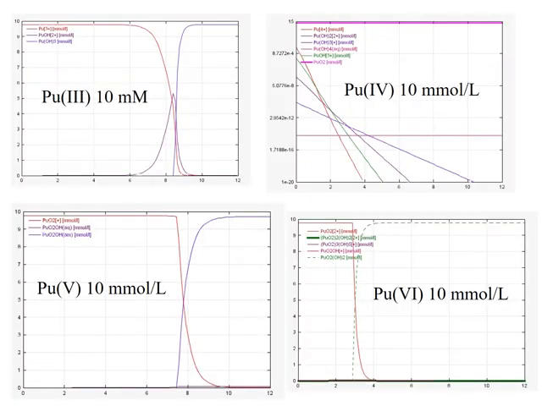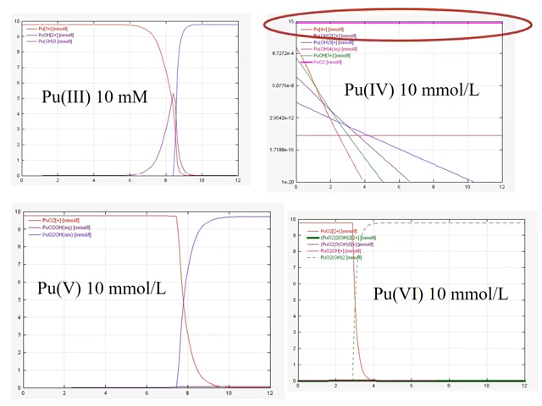A more full picture of different oxidation state calculations is presented here. This can be useful for understanding stock solutions, both concentrations and pH range. For instance, if one looks at plutonium-3, if you had a plutonium-3 stock solution, you could go up to a pH of around 6, and the plutonium would still be the free metal ion. Whereas for plutonium-4, under the range examined with a 10 millimolar solution, the dominant phase, circled here, is plutonium dioxide, in other words, plutonium precipitate.